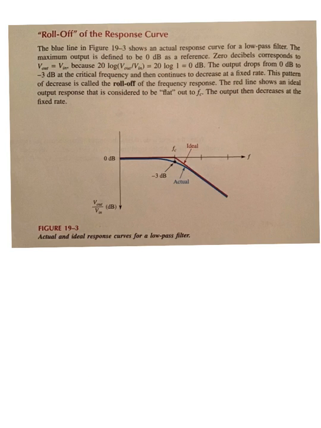All right, next slide. The term roll-off is introduced. What you're looking at here is called a Bode plot. You're used to seeing it with the slide drawn this way.